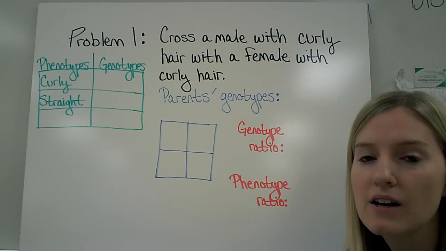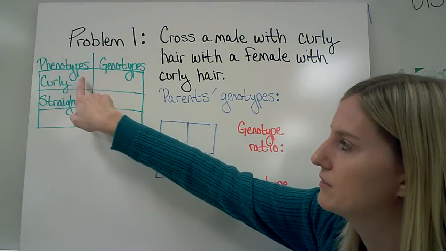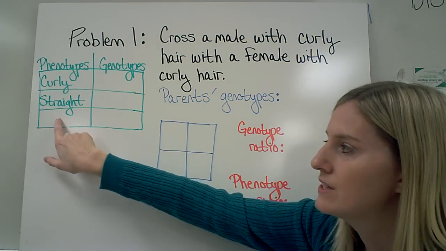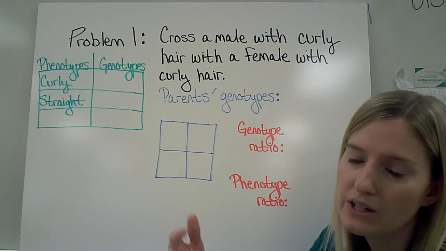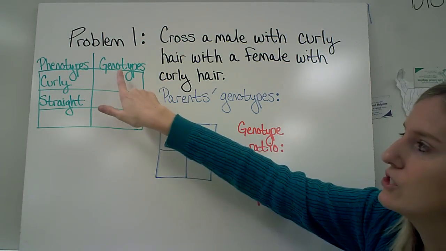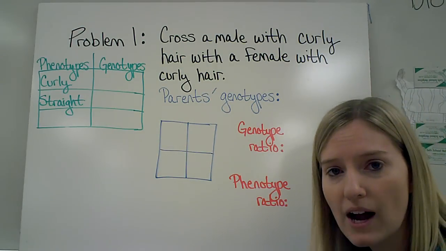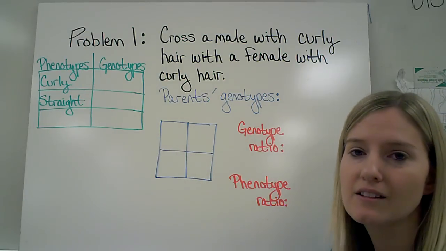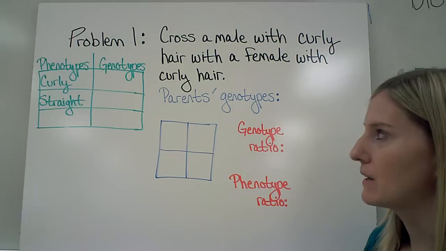Instead, I'm using hair. My phenotypes are, we could have curly hair, we could have straight hair, and then this last one would be the phenotype that's in the middle of those two. So what would be in between curly and straight? Wavy. So we can put wavy here. And then for my genotypes, I can use C and C prime, or I could use C's and S's, like we did with the R and the W. Either one of those is fine, whatever works best for you.